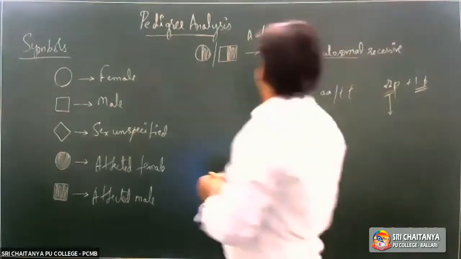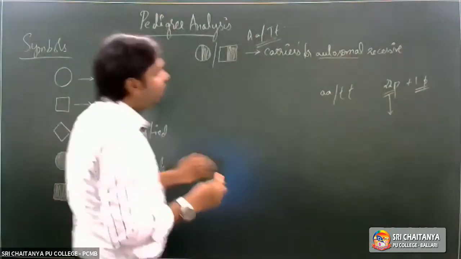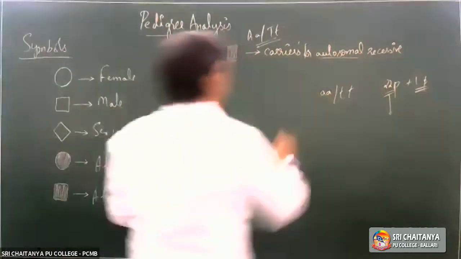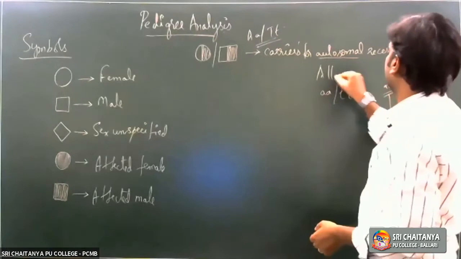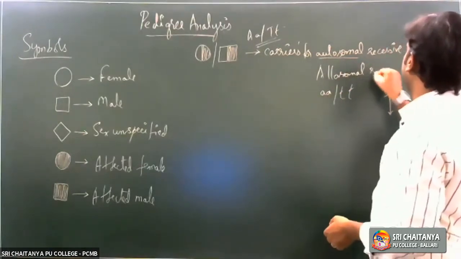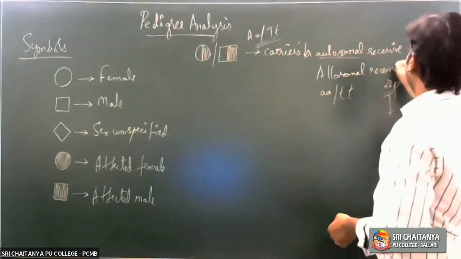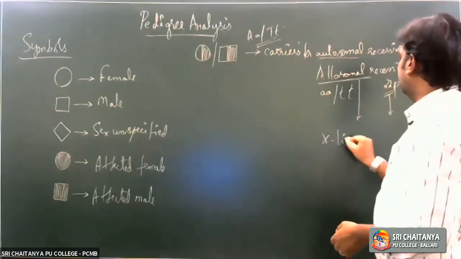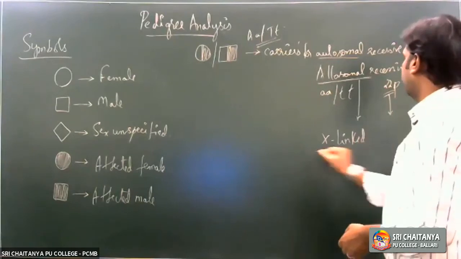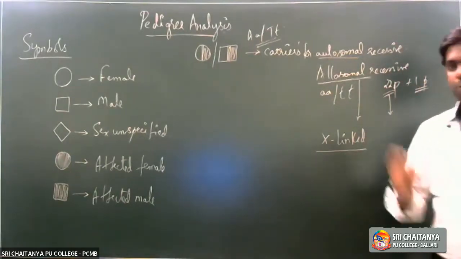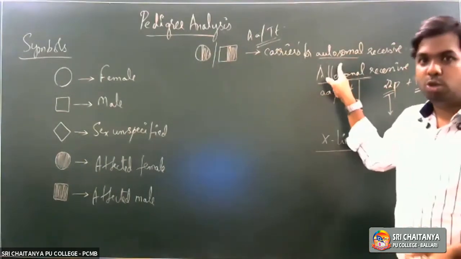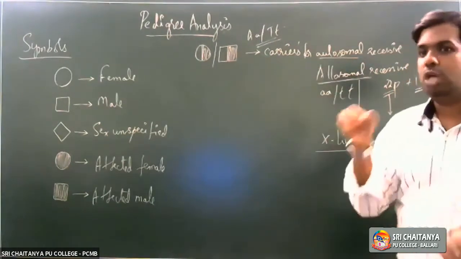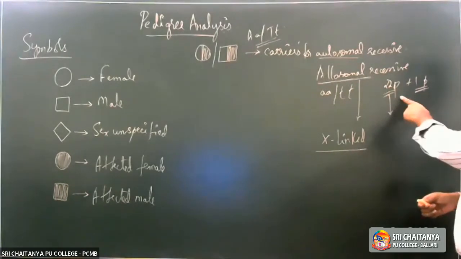Now, we have another kind of disorder, which is allosomal recessive disorder. Whenever we talk about allosomal recessive disorder, we are talking about X-linked genes, the genes present on the X chromosome. Remember, when we talk about autosomal disorders, we are talking about mutation in genes located on these 22 pairs of chromosomes.